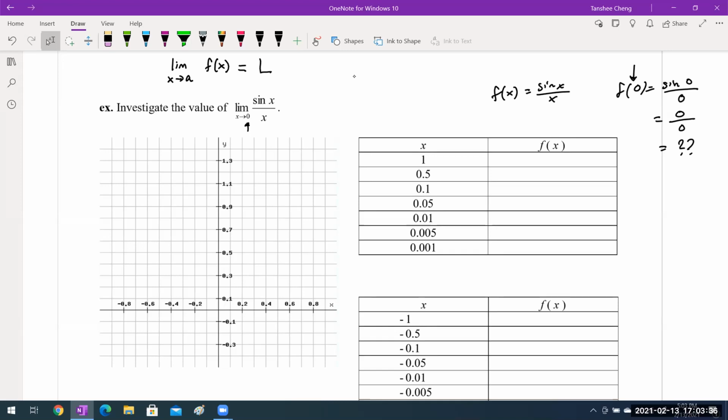We are looking for when x is approaching 0, meaning when x is getting closer and closer to 0, what is the value that we're going to get? Clearly, if we graph the function sine x over x, there will be a hole when x is 0, meaning a hole on the y-axis. But the question is, where is that hole?